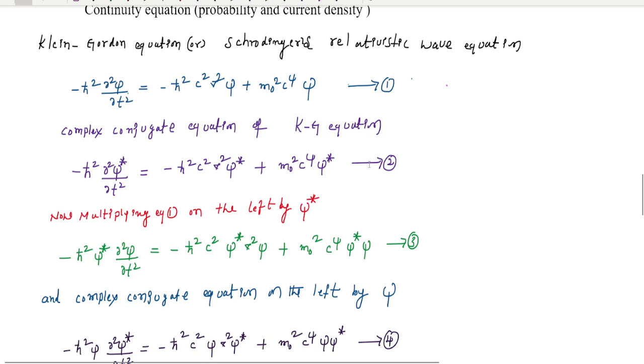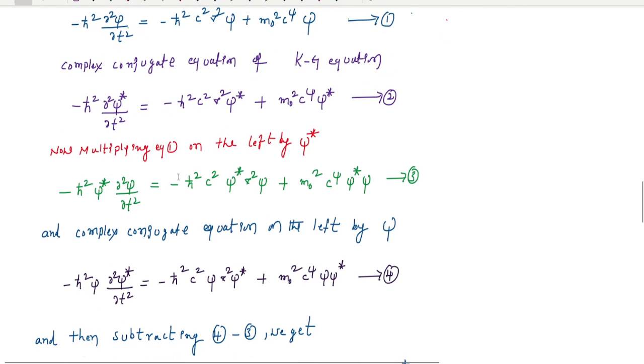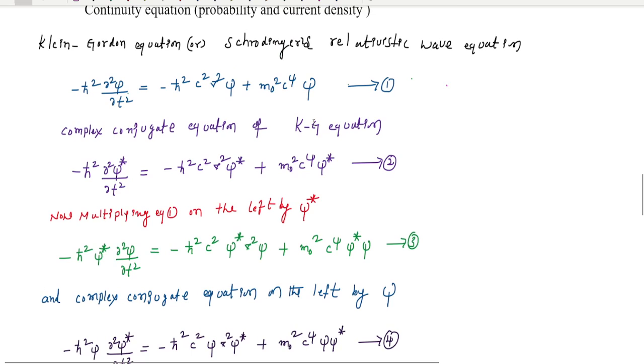So first I'm going to multiply the left side of equation number 1, this equation, by the complex conjugate wave function. I got this equation.